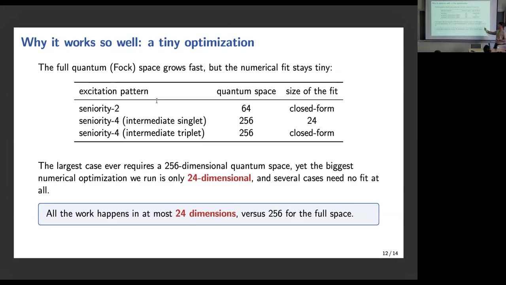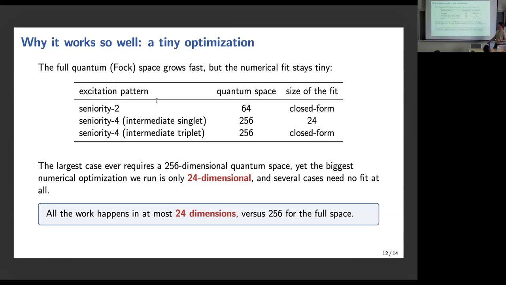The largest adjoint matrix I needed for the examples that we tried was just a 24-dimensional adjoint matrix. And that's a much simpler problem to solve as compared to the 256-dimensional quantum space you would have had otherwise in that example.